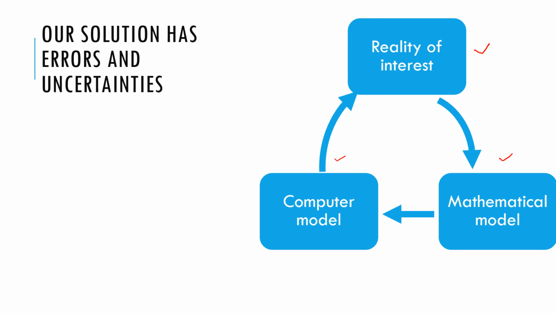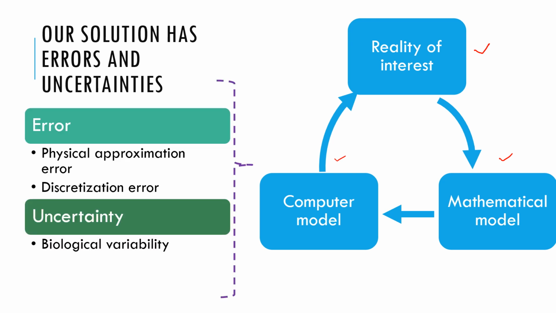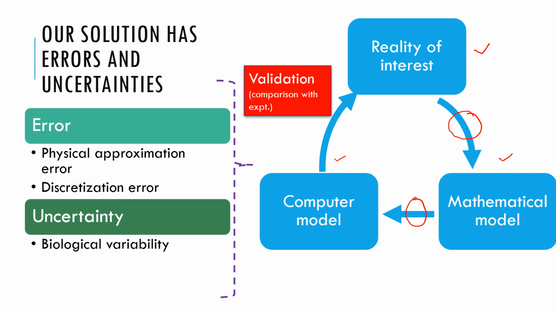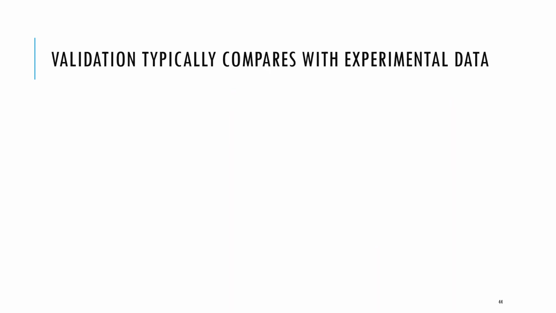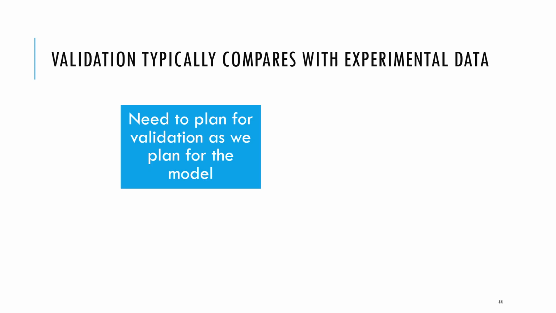The output from those computer models, the simulations, have errors and uncertainties that are committed at each one of these steps. So a model must be validated. That is very, very critical in modeling. This validation cannot be an afterthought. We need to have a plan for validation as we even get started into modeling.